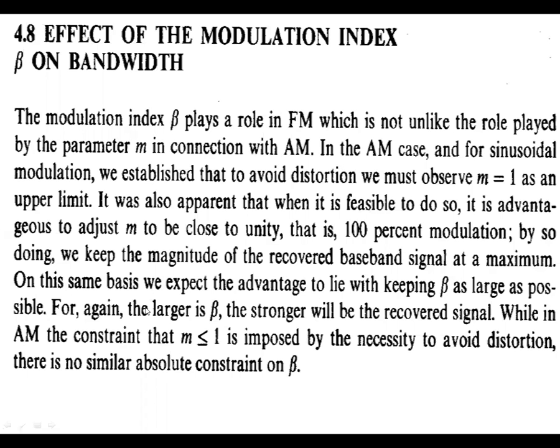Depth of modulation less than 1 is the allowable modulation. Equal to 1 is 100% modulation. Greater than 1 is over modulation. So based on M, we decide allowable or not allowable modulation. M less than 1 is allowable modulation.